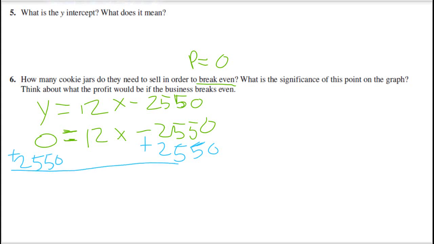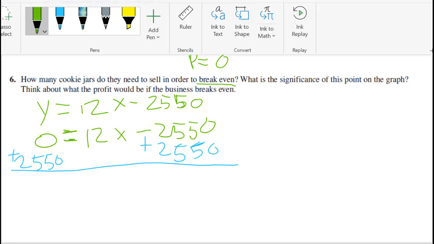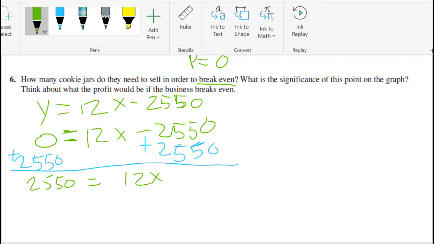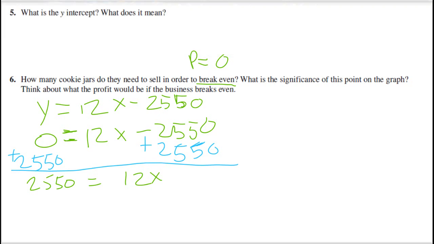So to get x by itself, we first of all start by adding 2,550 to both sides. And so now we know how much money we have to make to break even. We're going to divide that by the amount of money we get for each cookie jar. So we divide by 12.